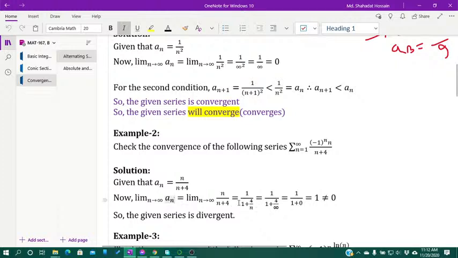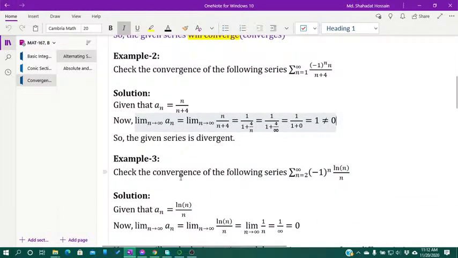If we see n tends to infinity of n by (n+4), it is 1 by 1 plus 4 by n, so it would be 1 by 1 plus 4 by infinity, that is 1. So this is not equal to 0. So this series is divergent because the first condition is dissatisfied.